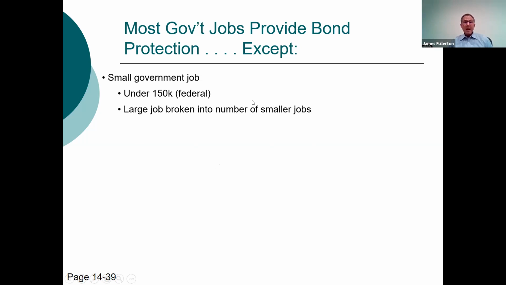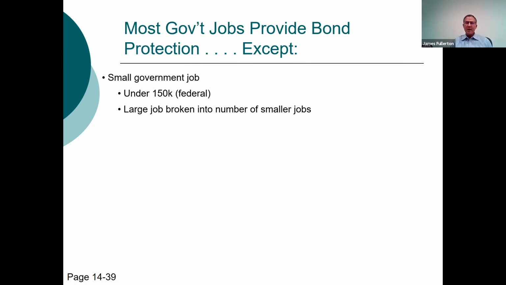And you've got to be a little bit careful with a large job being broken into a number of smaller jobs in order to avoid the bonding statute. I actually had that experience one time. The contracting officer thought they were doing the world a favor.